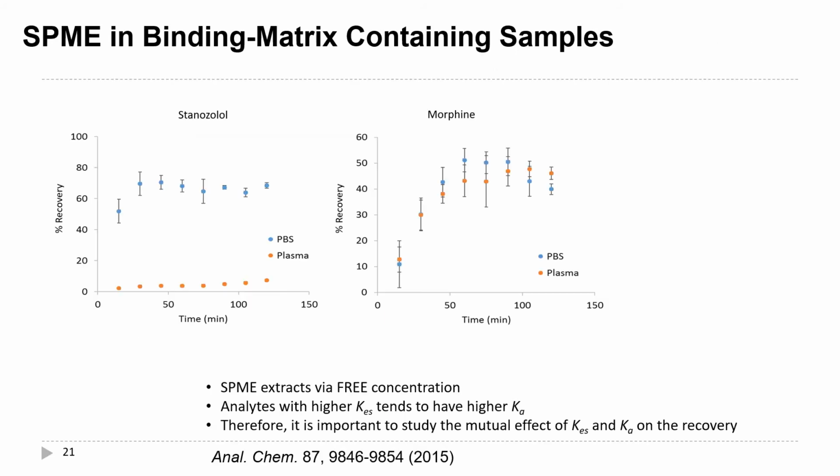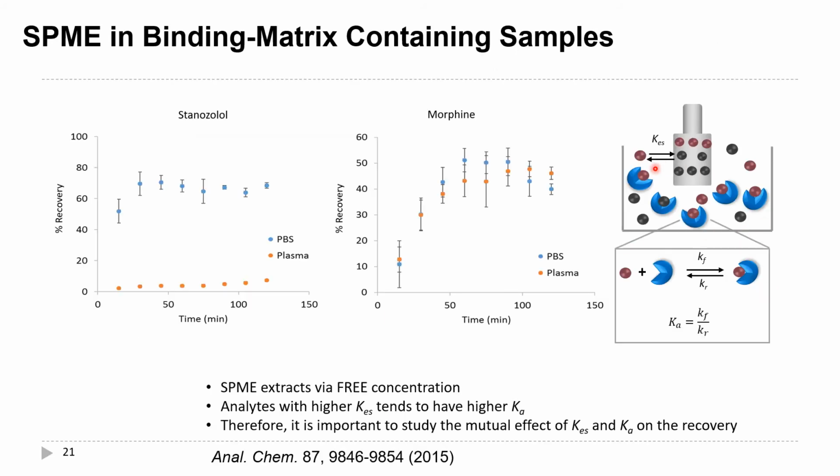So here's an example of how this works. Again, you have this multi-phase equilibrium as I showed you here, defined by different rate constants and distribution constant. And you can see for polar analytes like morphine, there is not much difference between its amount extracted in plasma and in PBS because the binding to the plasma components is low.